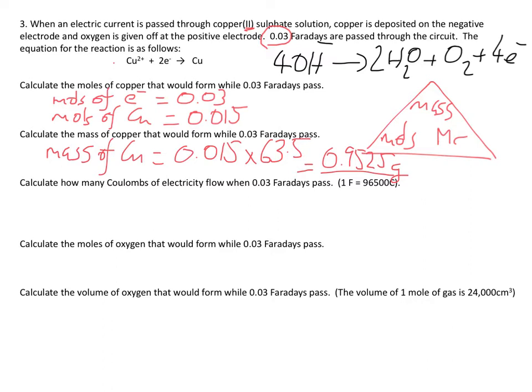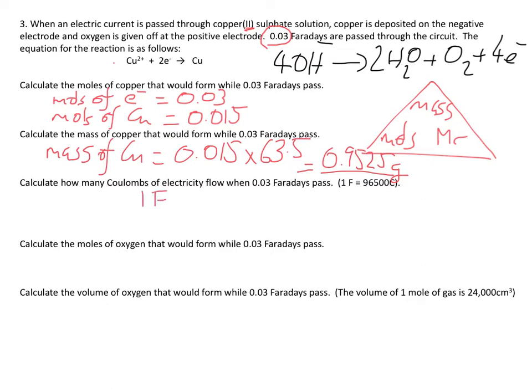So very similar to the last question that we covered, but here things are slightly different. How many coulombs of electricity flow when 0.03 Faradays pass? But they've told us that 1 Faraday is 96,500 coulombs.